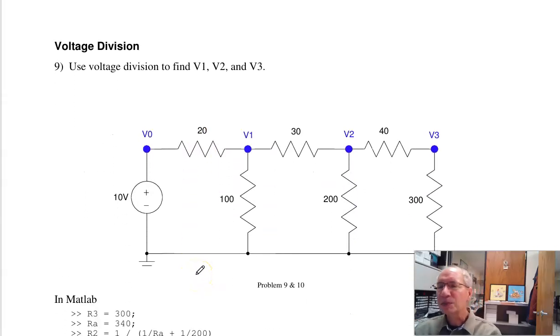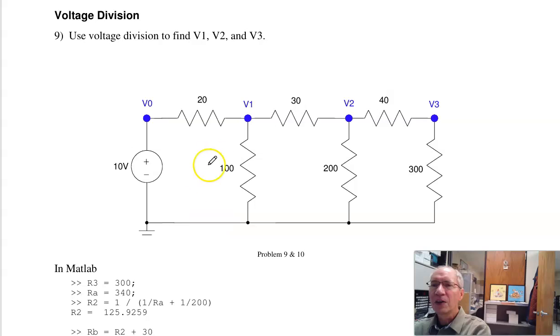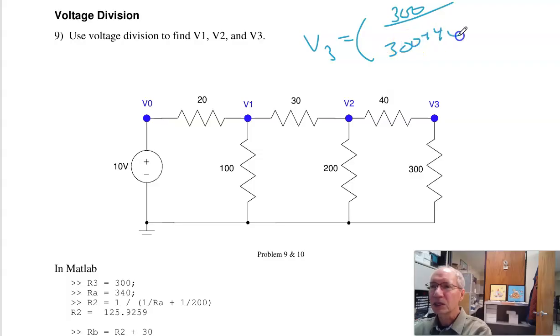The last two problems look at voltage division. Find the voltages using Matlab. So with voltage division, it's what I'm measuring divided by the total. So know that V3 is what I'm measuring, 300, over the total resistance, 300 plus 40, is that percentage, V2.